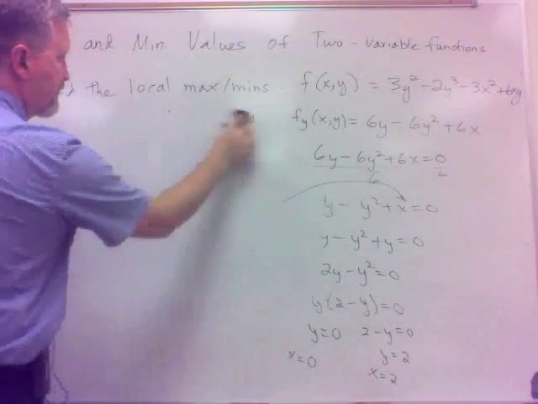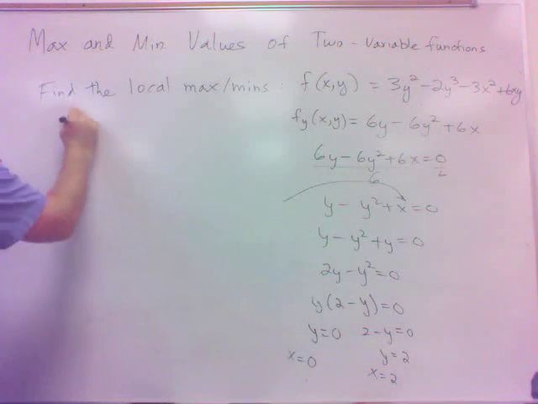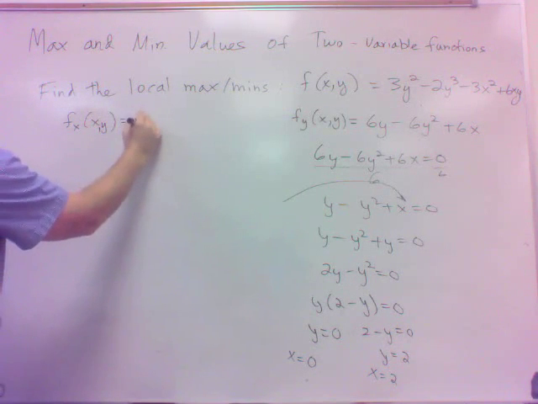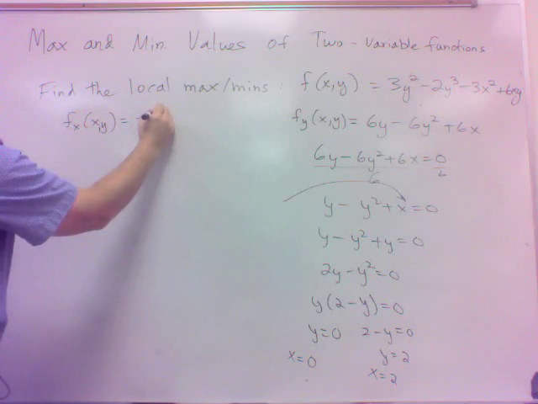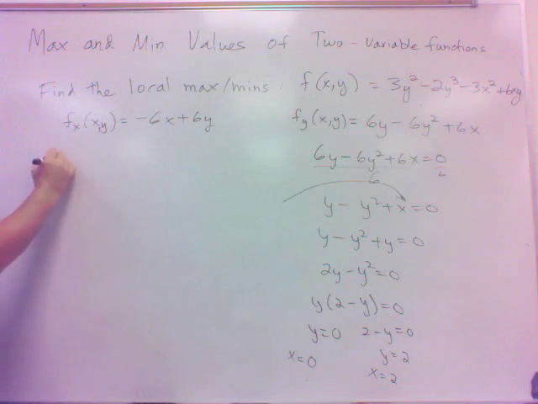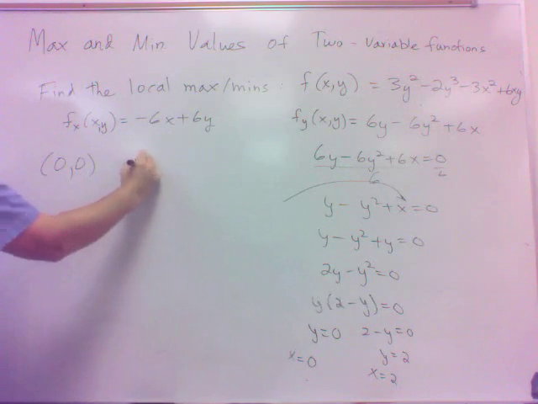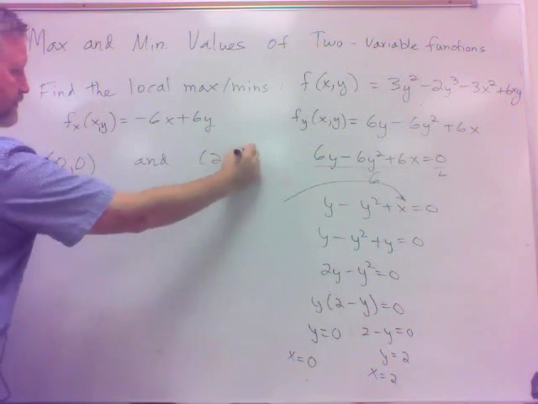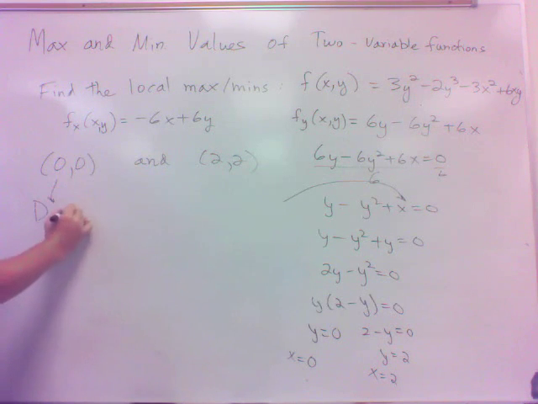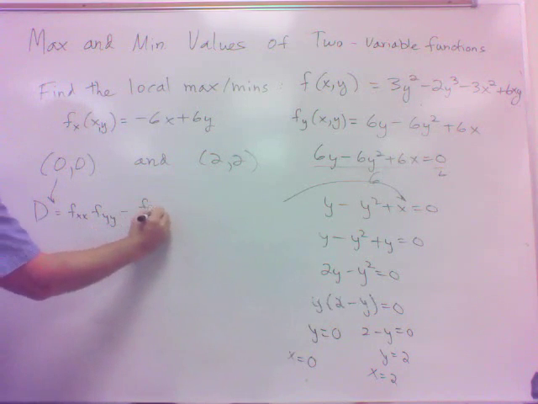All right. Whoops, I should have left that up there. Okay. What was it? It's negative 6x plus 6y. Okay. All right, so we need to look at 0, 0, and 2, 2. And so we need that D value for both of those, right? D, what is D here for 0, 0? fxx times fyy minus fxy squared.